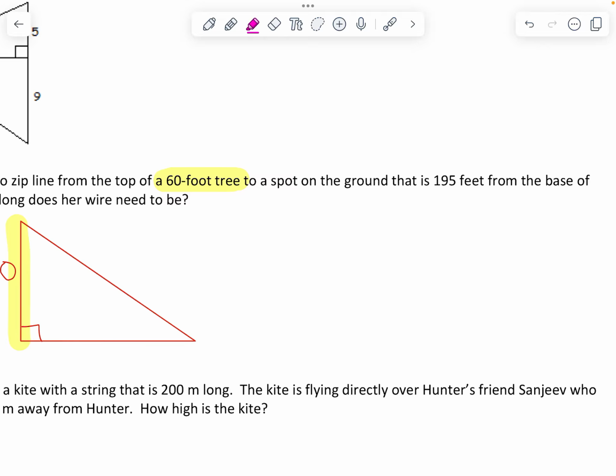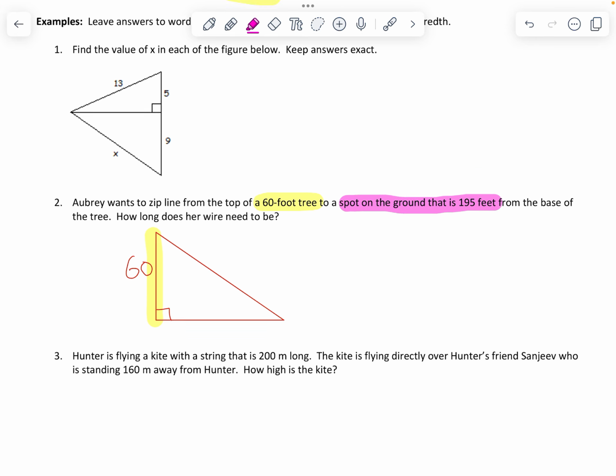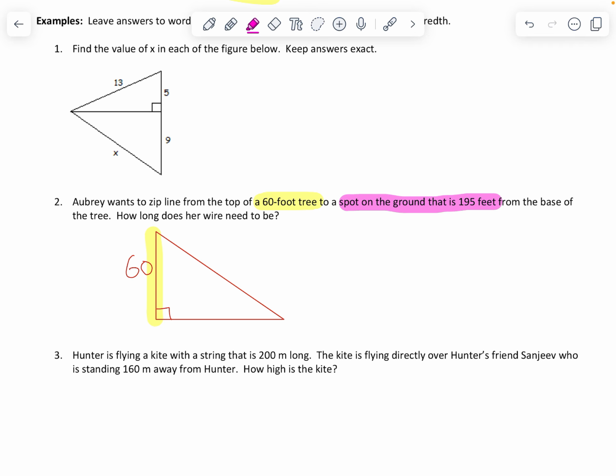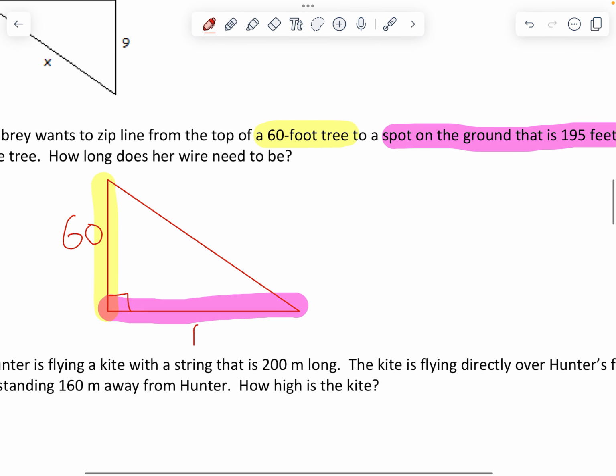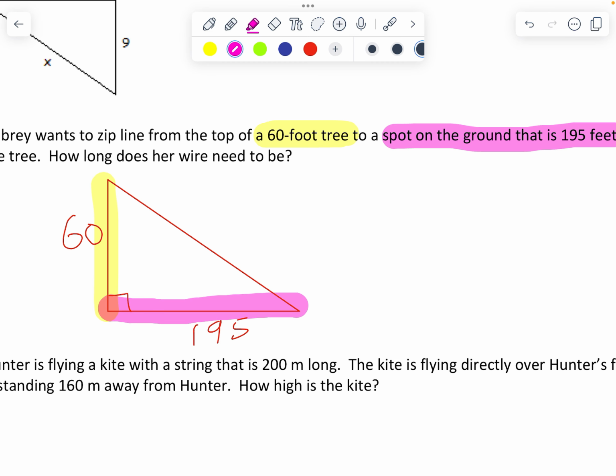She's ziplining to a spot on the ground that is 195 feet from the base of the tree, okay? So the base of the tree is at the bottom, and she's ziplining to a spot 195 feet away. So that is going to be this side down here at the bottom. And the question is, how long does her wire need to be?